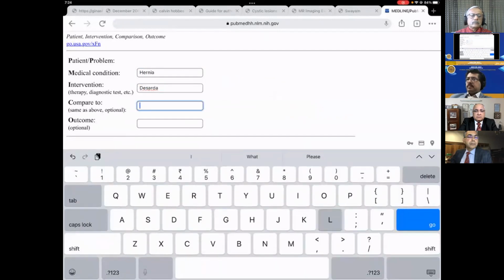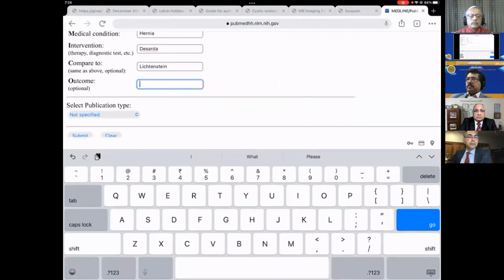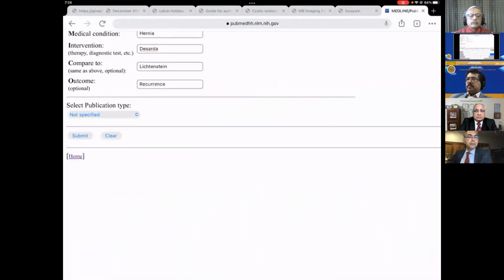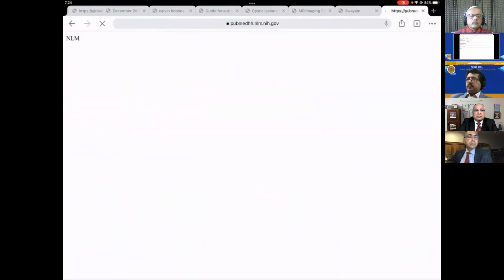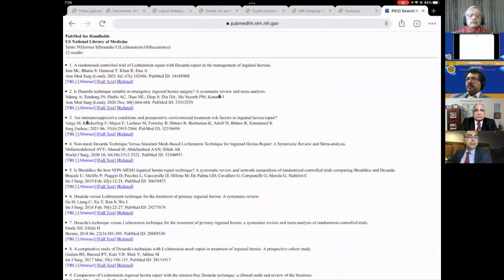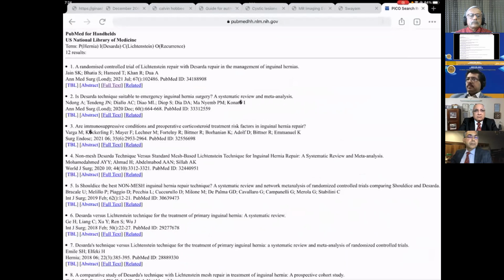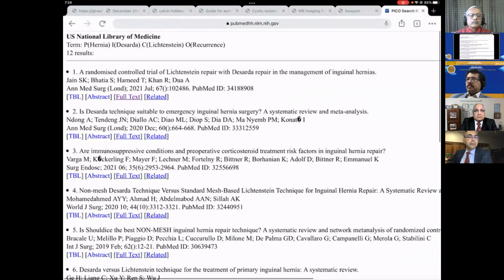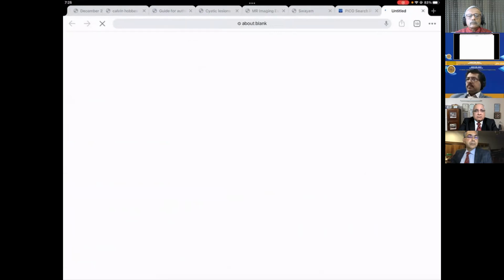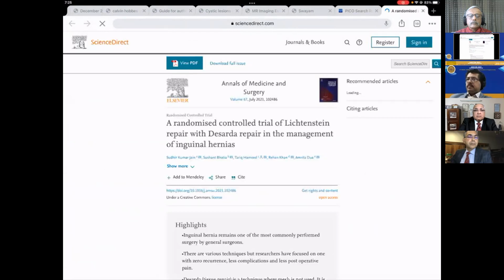I will compare with the one called Lichtenstein. And what is the outcome? I have recurrence as my outcome, and then I will submit the data. What will interestingly come out is, as you can see, there have been 12 results with the PICO format, and let us take one such to get the full text, and you will now get an idea about how the research is done.